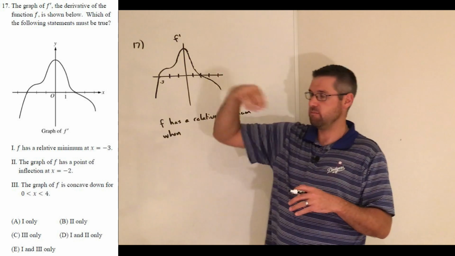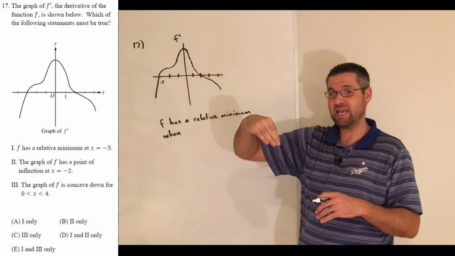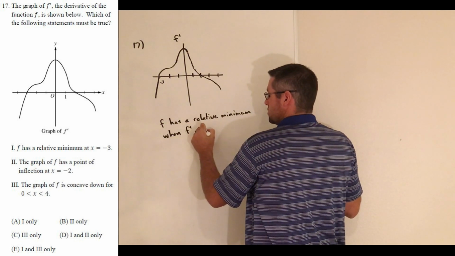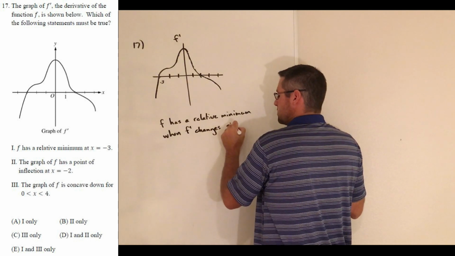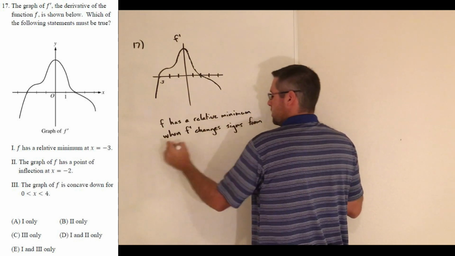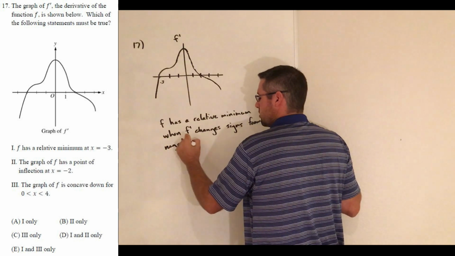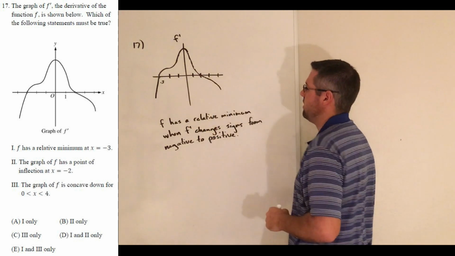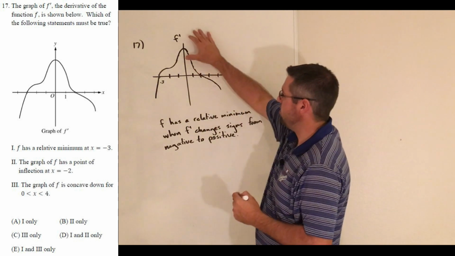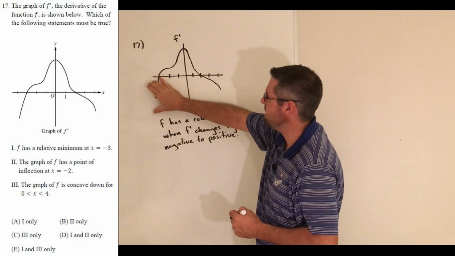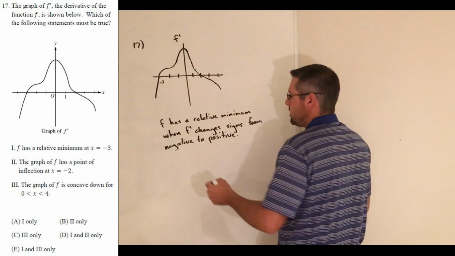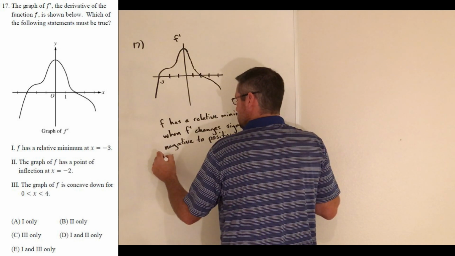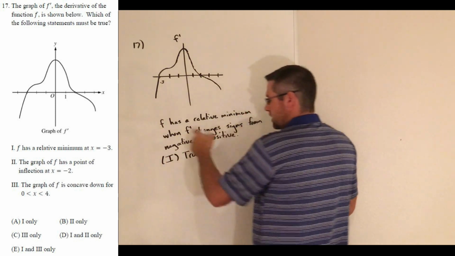So f has a relative minimum when f prime changes signs from negative to positive. So if we can see this in the graph, then we have a true statement. So we see f prime at negative 3 is in fact changing signs from negative to positive here. So we can conclude that option 1 is true based on that justification.